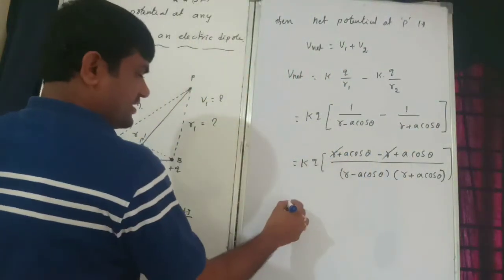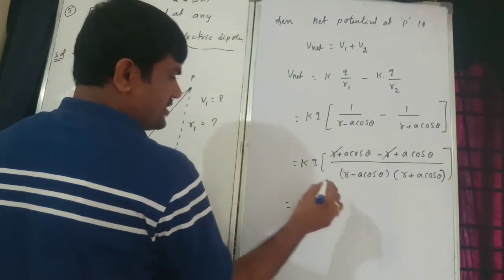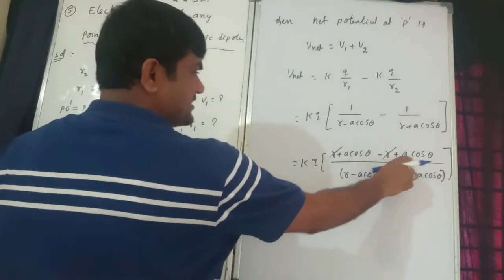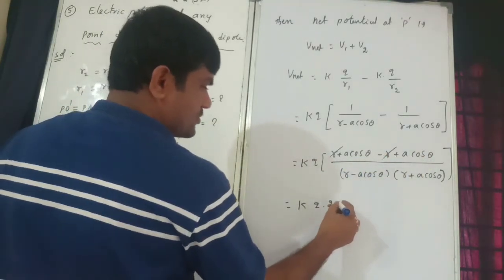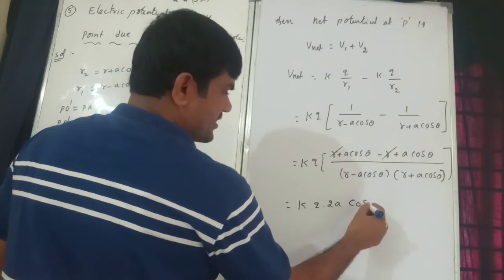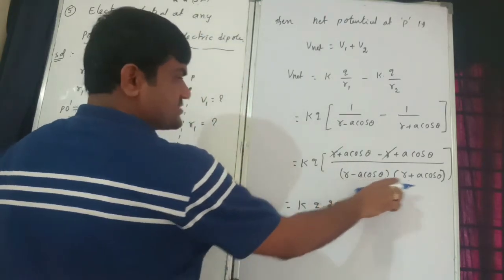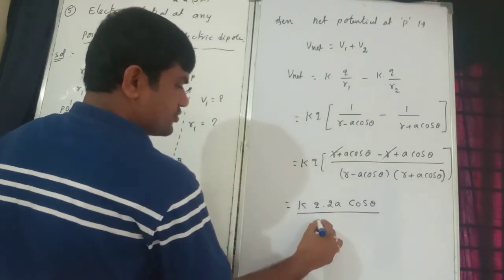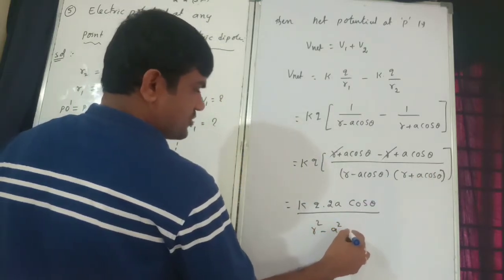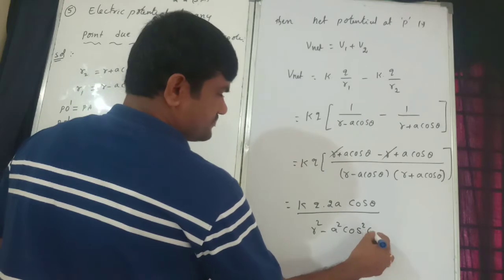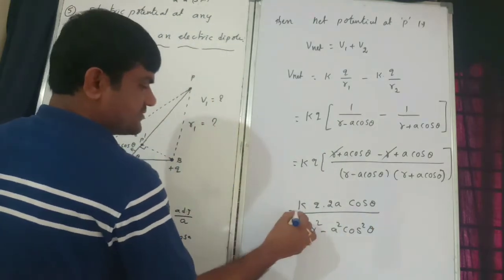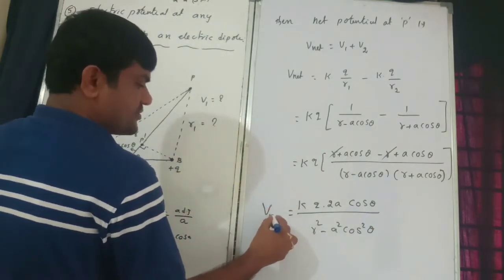Therefore, what happened here? KQ into 2A cos theta divided by (R minus A cos theta) into (R plus A cos theta), so R square minus A square cos square theta.